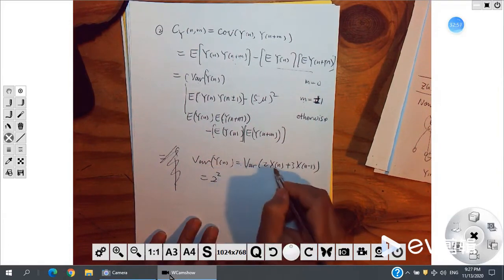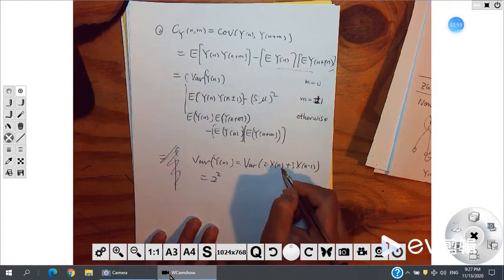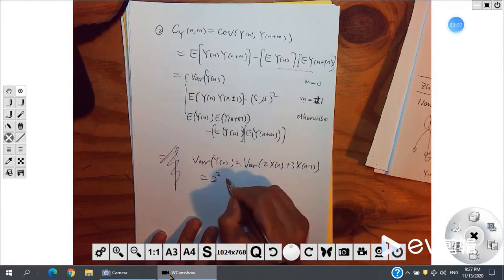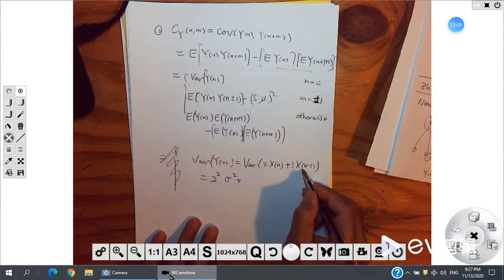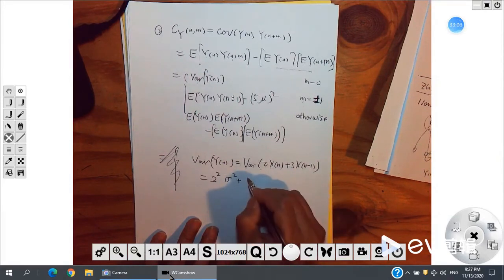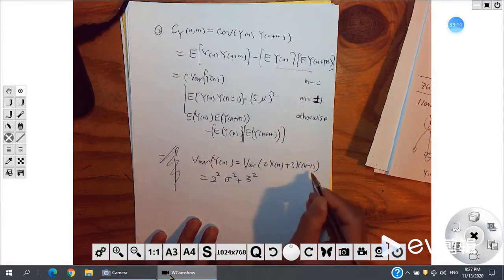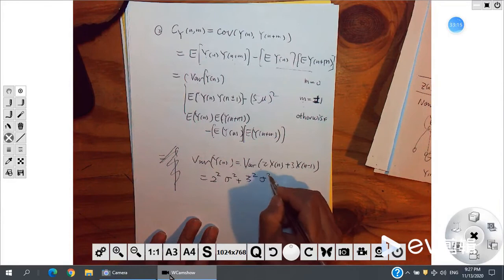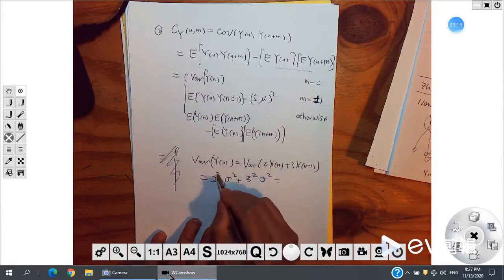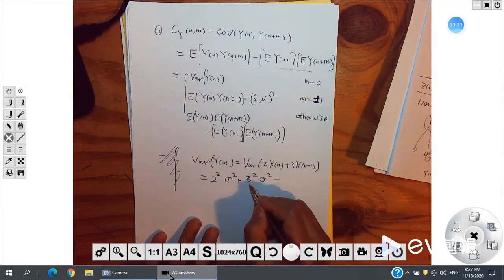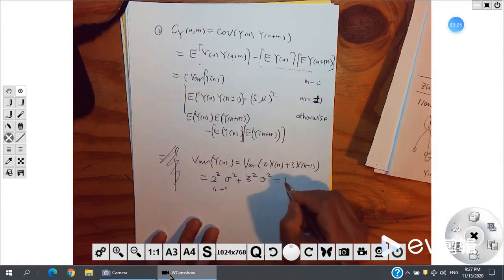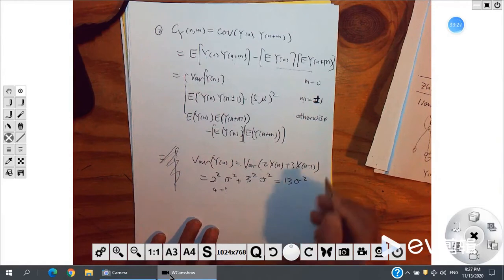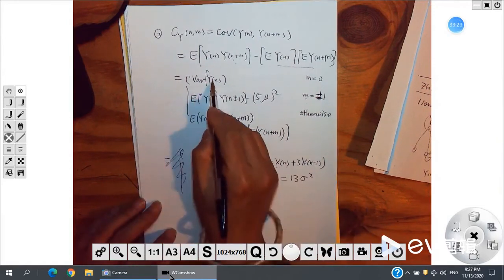The variance of x of n is the variance of x, so this will be sigma squared. Plus 3 taken out, that will be 3 squared, then the variance of x of n minus 1 is sigma squared again. So 2 squared is 4, 3 squared is 9, and 4 plus 9 is 13. So 13 sigma squared is the variance of y.